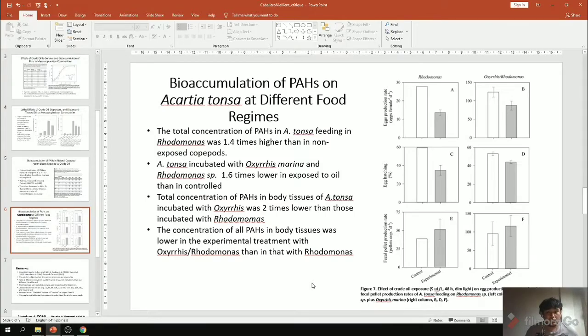The bioaccumulation of crude oil happens from phytoplankton then to microzooplankton then to mesozooplankton, because the smaller the organism, the more likely the crude oil will attach to the surfaces exposed to crude oil.